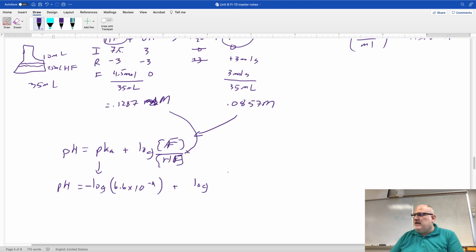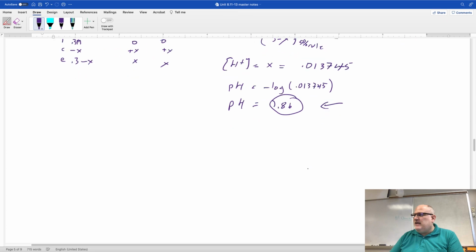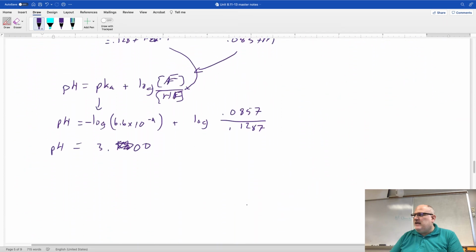Again, pardon the messiness with my writing on this. 0.0857 all over 0.1287. When I do the math on this, my pH now is going to be equal to 3.18. And by that, I mean 3.00. Jumped ahead of myself there. So we've gone up significantly, right? We went from a pH of 1.86 here to now a pH of 3.00.